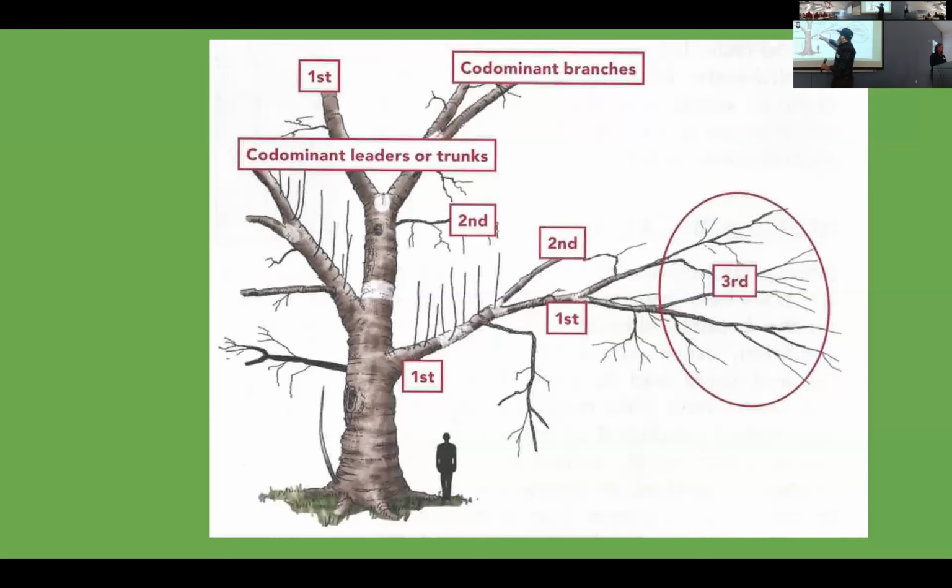As the first order branch goes out, the next branch that comes off the first order, call that a second order branch. As you go further out, you can call it a third order branch. So they're trying to give us more specific ways to call things out. For example, say you don't want somebody to lion tail your tree, right?